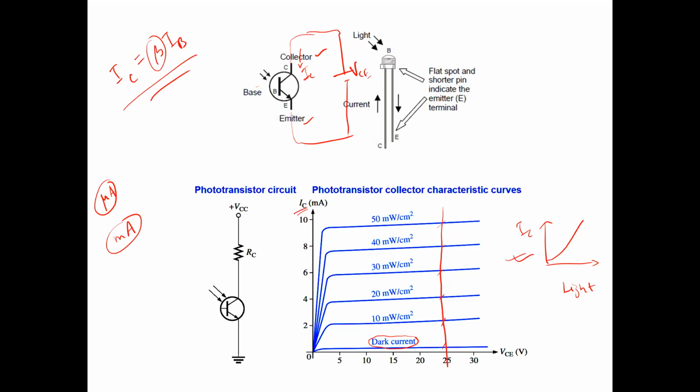The collector current is amplified with respect to the base current, and due to this amplifying factor, the current generated due to the same intensity of light will be more in phototransistor compared to photodiodes. So higher sensitivity can be obtained using phototransistor compared to photodiodes.